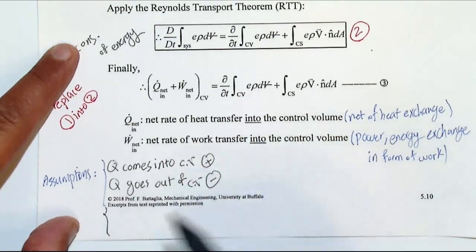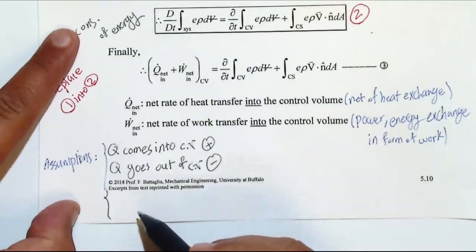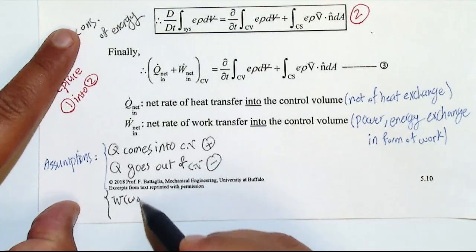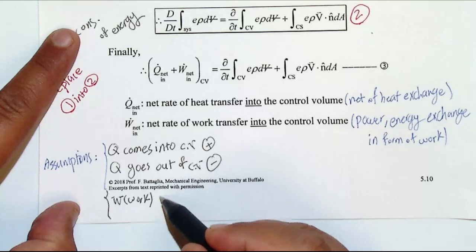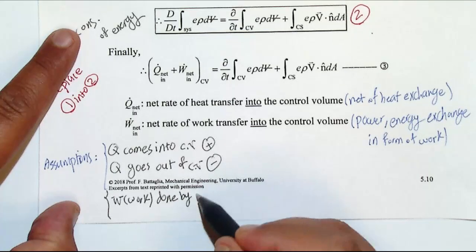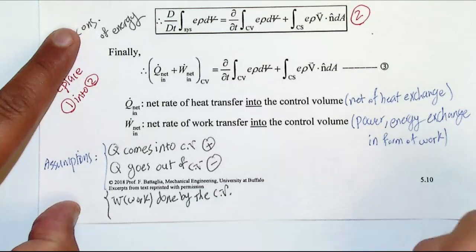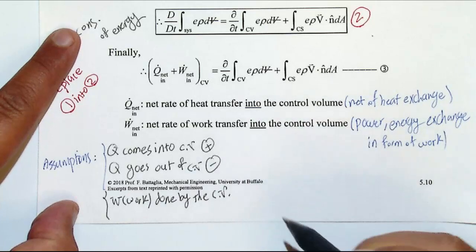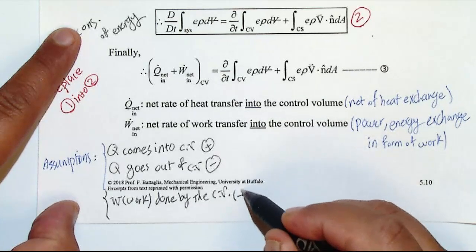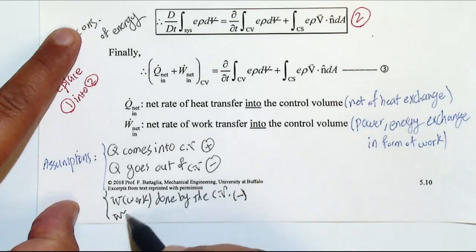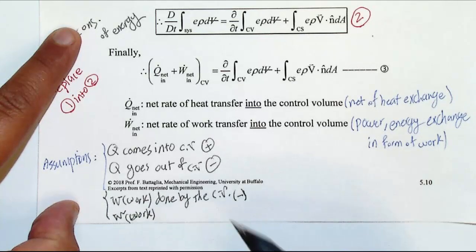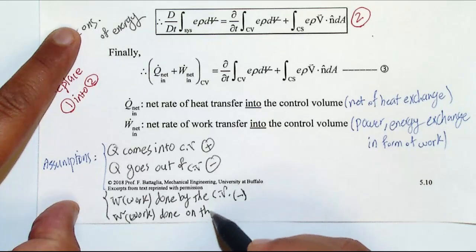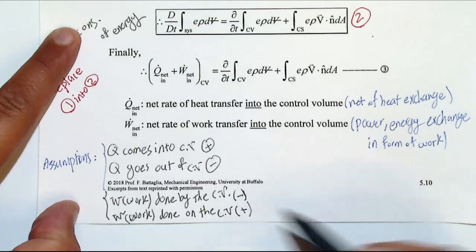About the work, W is the work done by the control volume. For example, if expansion of your control volume is done by the control volume, then it's going to be negative, and if the work is done on the control volume, it is going to be positive.